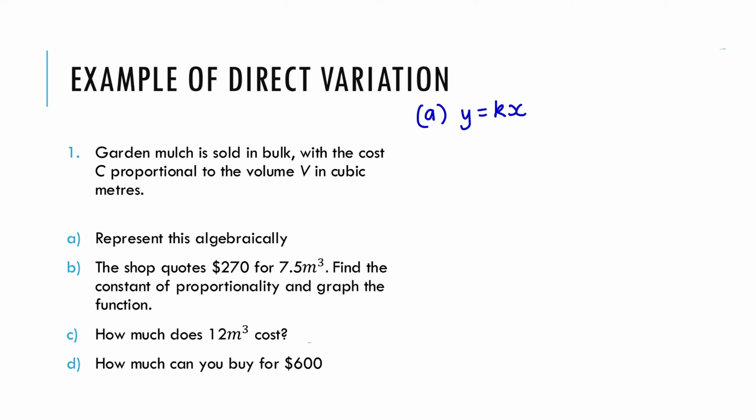Now here, then I want to match up what is my y value and what is my x value. So as a rule of thumb, our y value is always our dependent variable. And our x value is our independent variable.